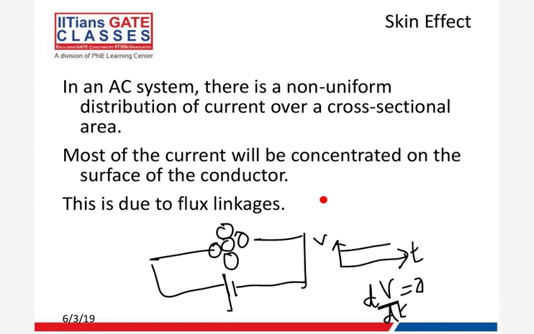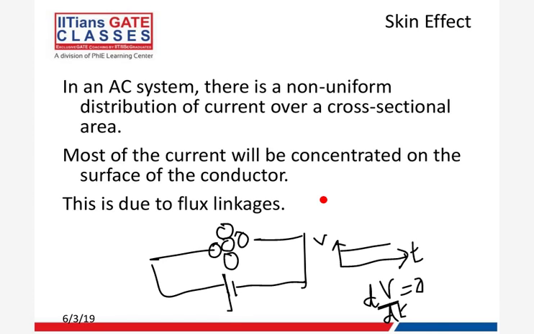The magnetic field is stronger at the center, and as we progress out of the conductor, it will be less. And you know Lenz's law: the higher the magnetic flux linkage, the more it will try to oppose the cause of it. So the resistance faced by the current will be higher in the center and less at the surface. So the current will tend to flow through the surface of the conductor rather than through the conductor.